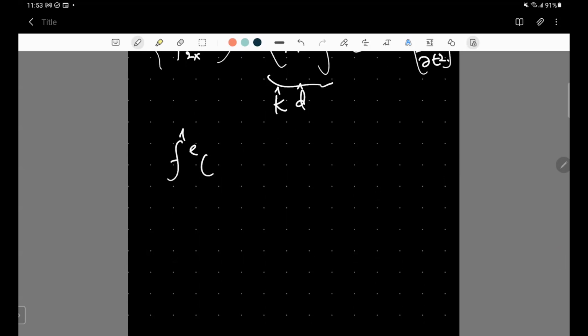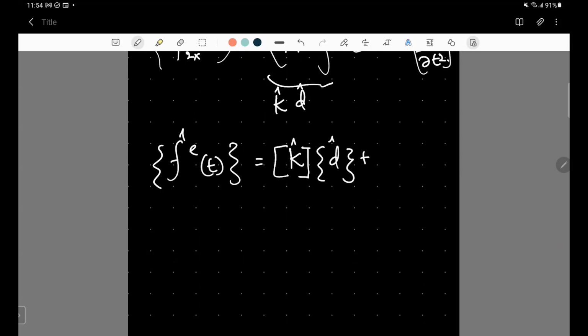The time-dependent force matrix can be written using the stiffness matrix and D. This part corresponds to the internal forces, and then we have the mass matrix and of course the acceleration matrix.